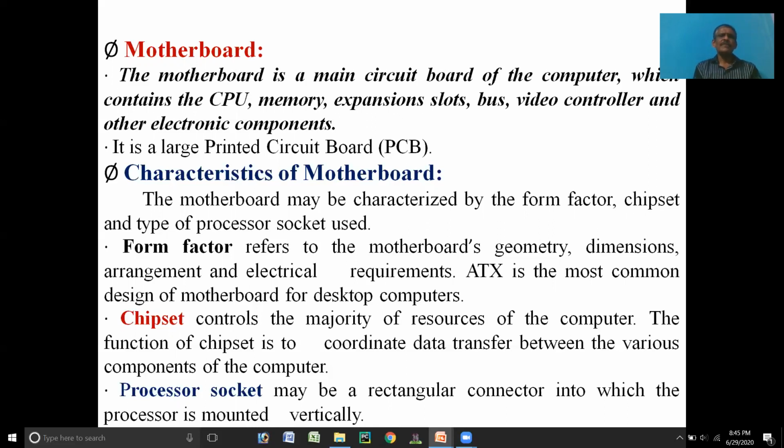So, definition: the motherboard is the main circuit board of the computer which contains CPU, memory, expansion slots, bus, etc. It is a large printed circuit board. In short, we can call it a large PCB. It means the motherboard is one of the main circuit boards of the computer that contains many components that we are going to study in the later classes.